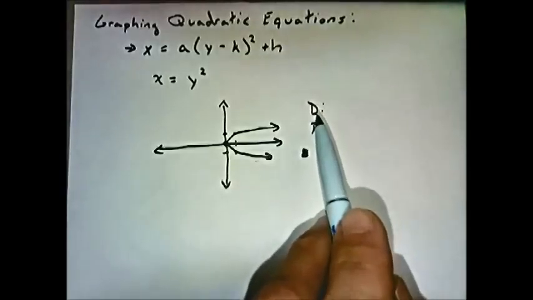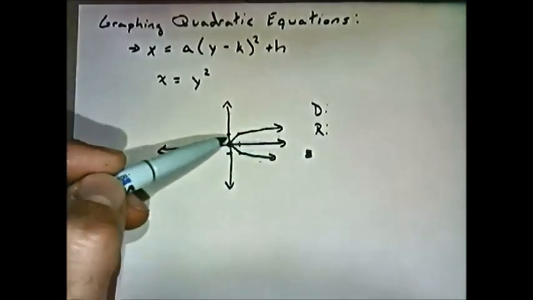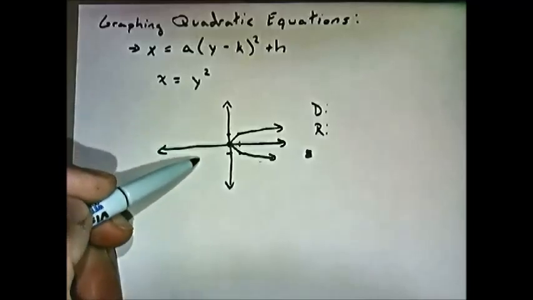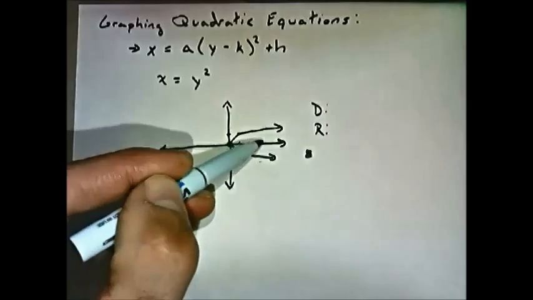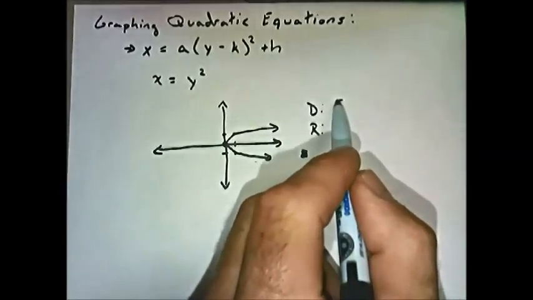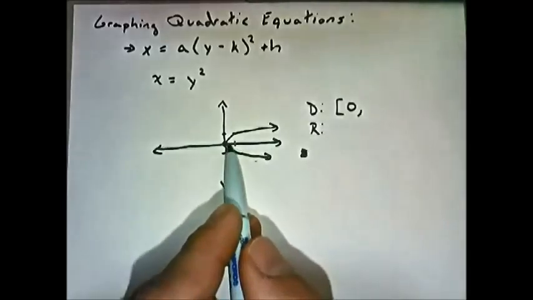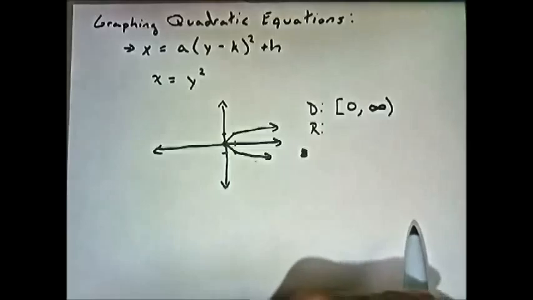To look at our domain and our range, our domain, now notice over here at negative infinity, we cannot go up or down and touch the graph, but we can once we hit 0 and then go to infinity. So our domain starts at 0, we use the bracket to show that we can touch 0, and it ends at infinity.